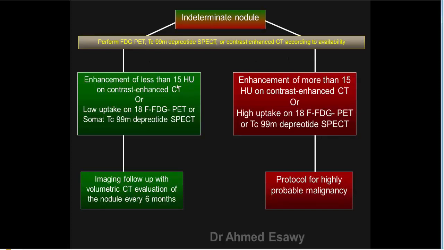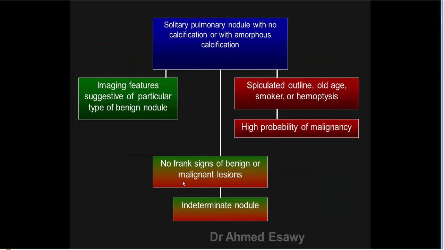With enhancement less than 15 on contrast CT, or low uptake on PET or SPECT, we do image follow-up with volumetric CT every 6 months. With enhancement more than 15 on CT, or high uptake on 18 FDG PET or technetium SPECT, the protocol for high probability of malignancy must be activated.